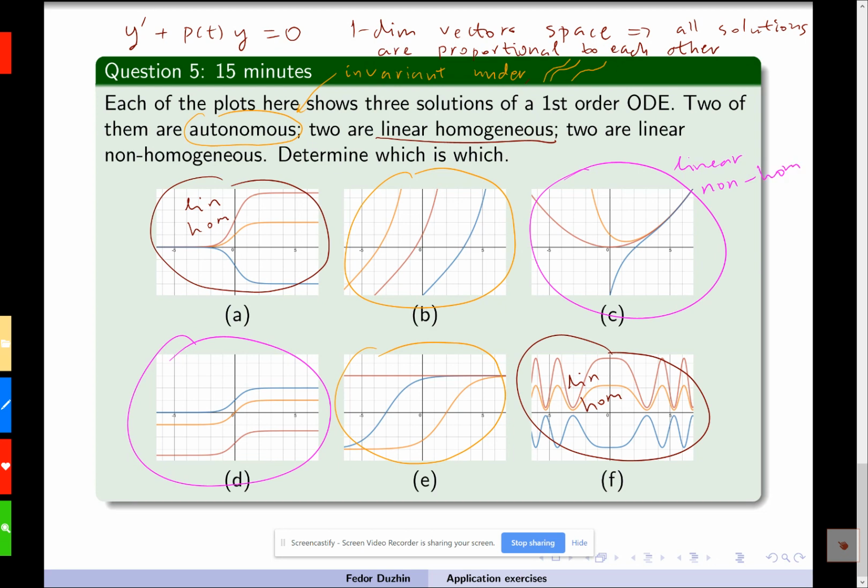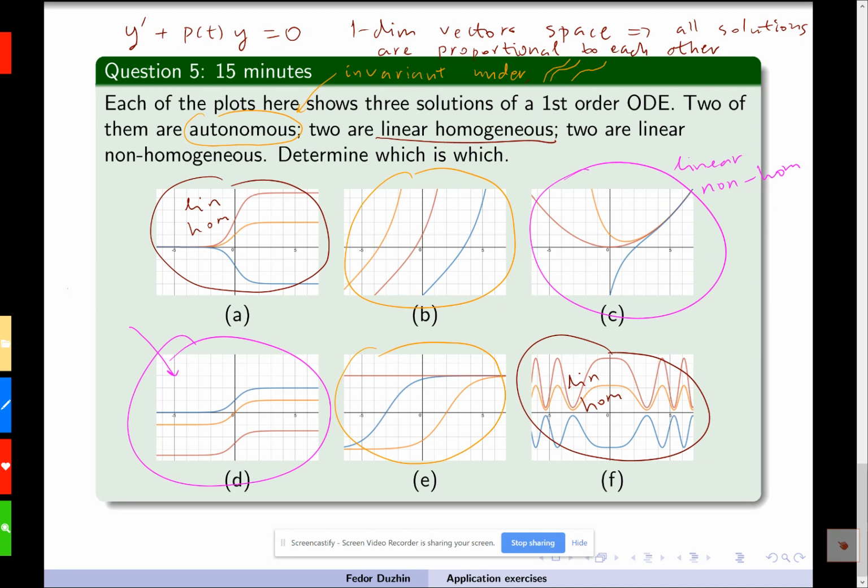Now, maybe we have solved the question, but let me comment a little bit more about what we see in plots C and D and how it fits into the paradigm of a linear non-homogeneous equation. In D, all these solutions that we see are vertical translations of one another.